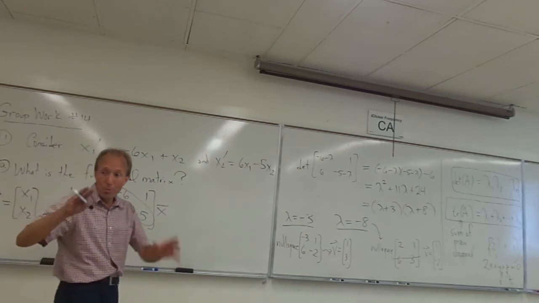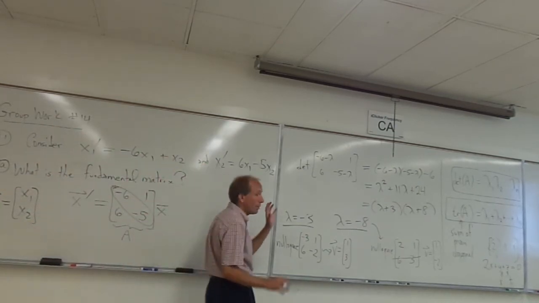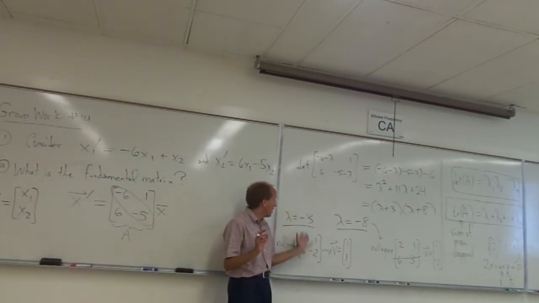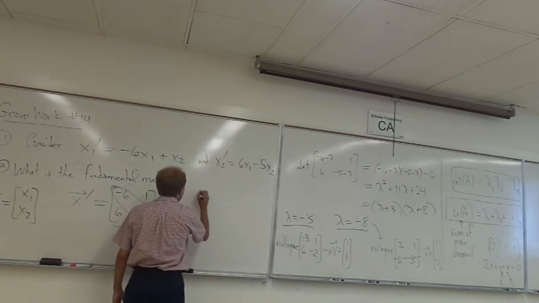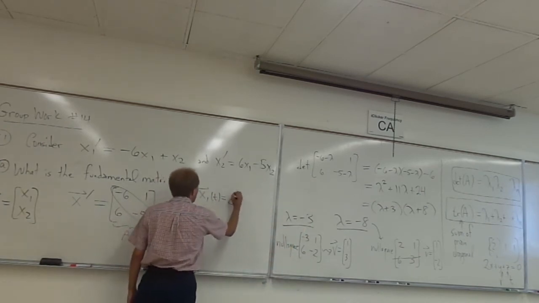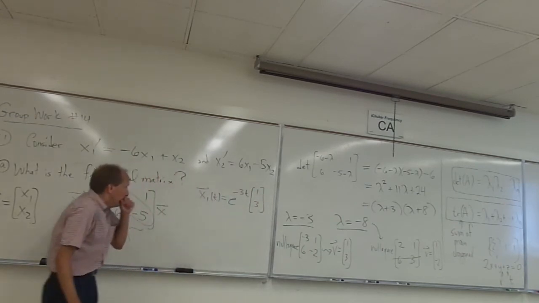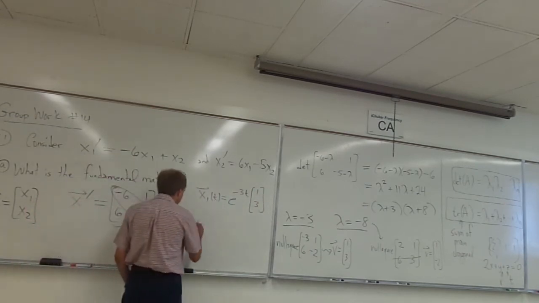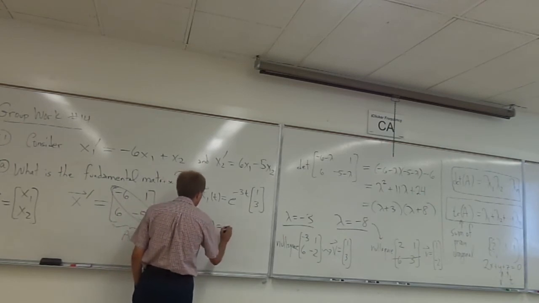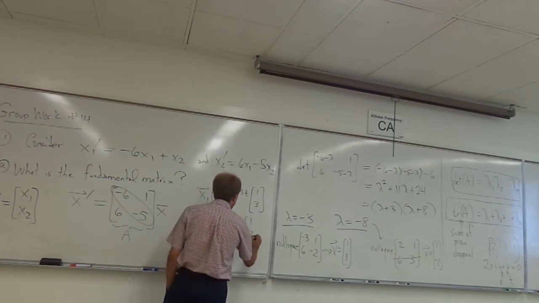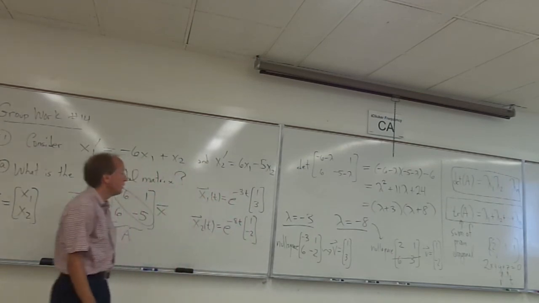A single solution is x1, e to the lambda t times v. So it'll be like that. And then the second solution, e to the -8t times 1, -2.